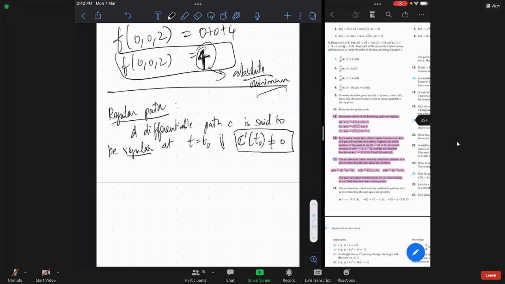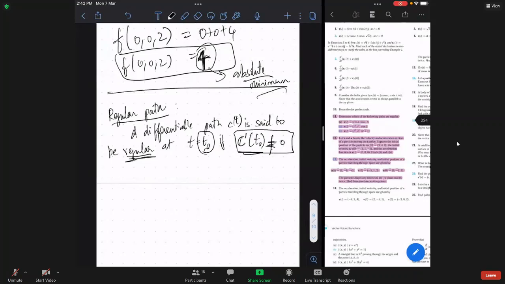So essentially, they can give you any c of t, and then you just find the first derivative, c dash of t, and substitute the point they're asking for. If it turns out to be a non-zero value, then that path is said to be regular.